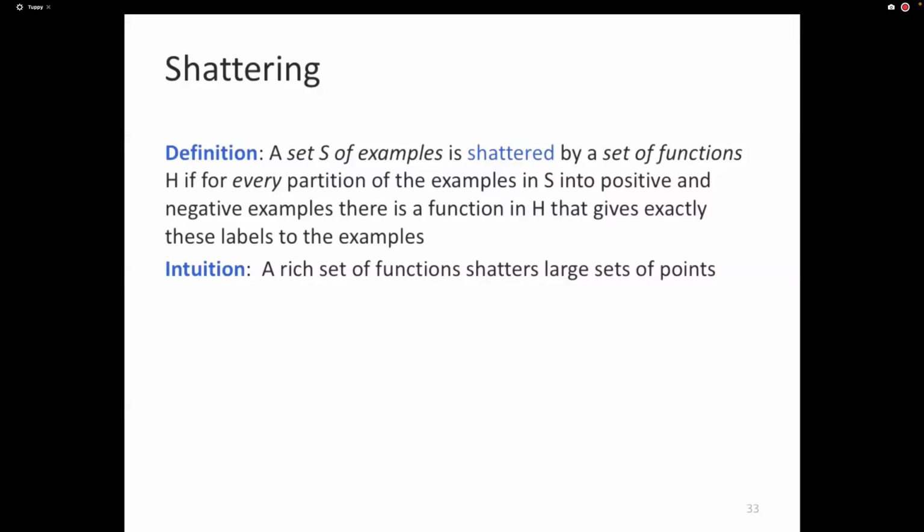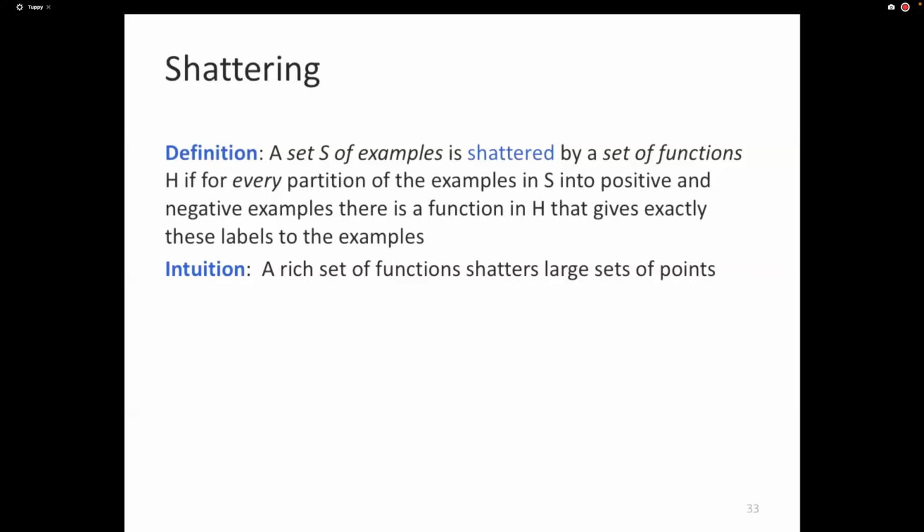So we're building up this theory to discover a complexity parameter that behaves like the log of the size of the hypothesis class. Along the way, I defined something called shattering. I'm not going to go over the examples again, but I just want to revisit the definition. Shattering is a property of a hypothesis space, H, which is nothing but a set of functions, and a finite set of examples.